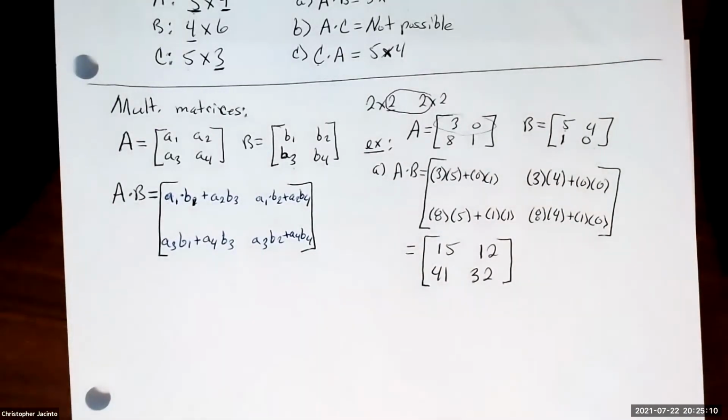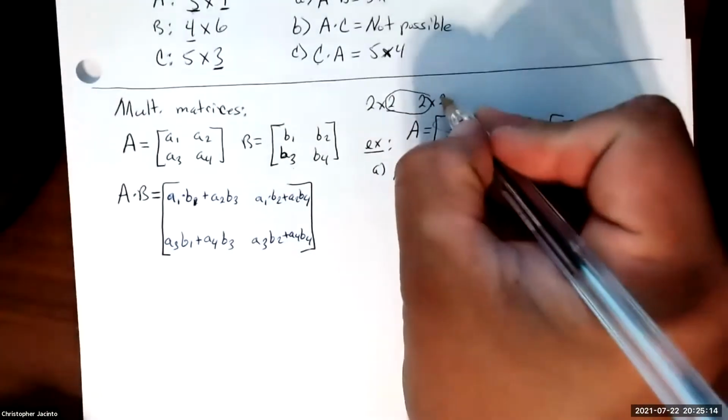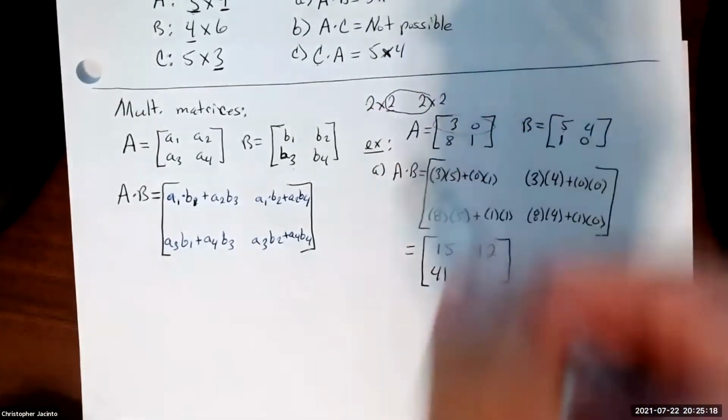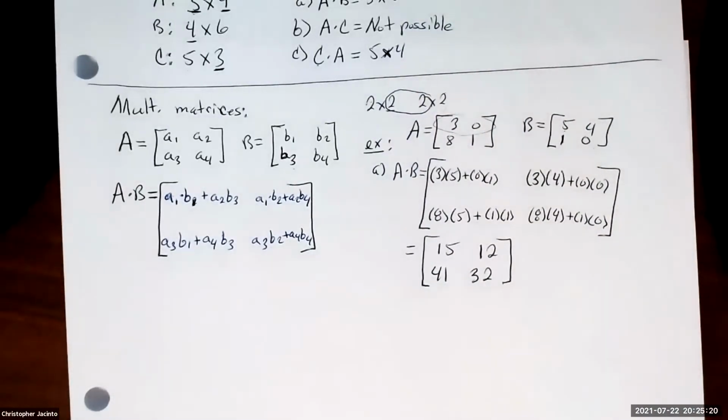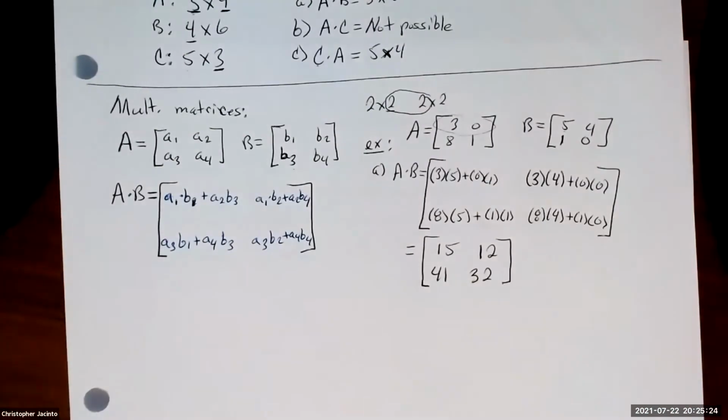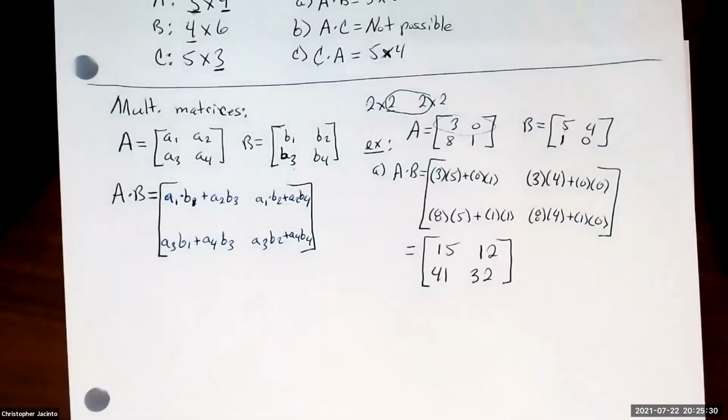Only because they're both 2 by 2 matrices, this works. I could make this a 3 and it still would work, right? The result would be a 2 by 3. But if this was a 3, it wouldn't work. And we'll do different ones so you can see how that would work out.